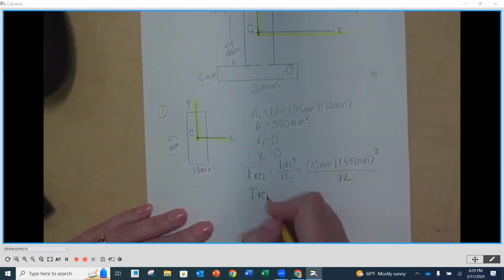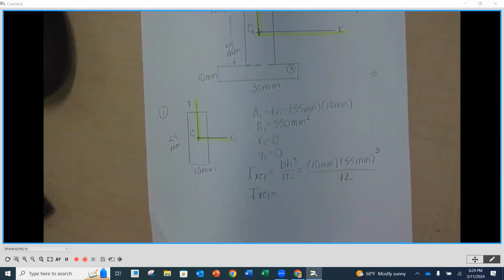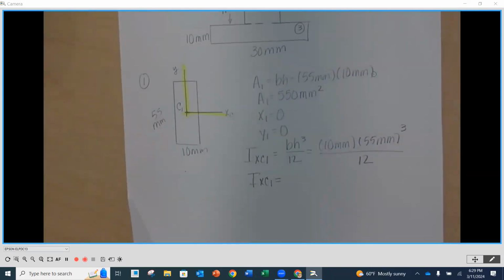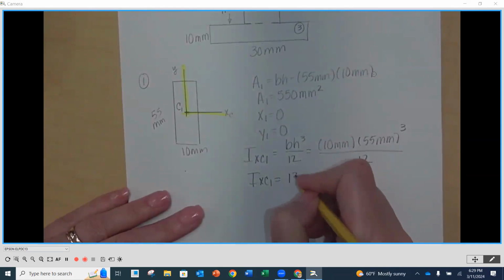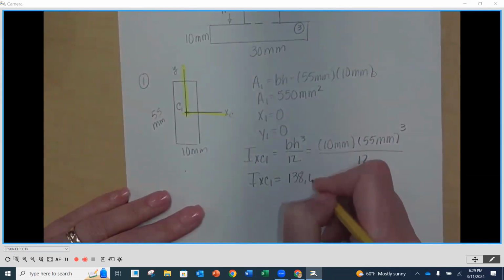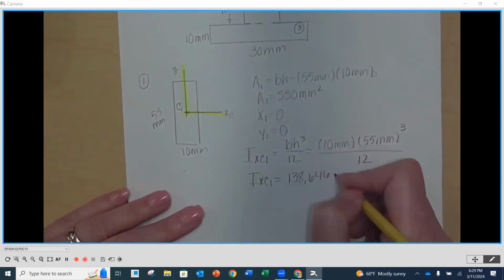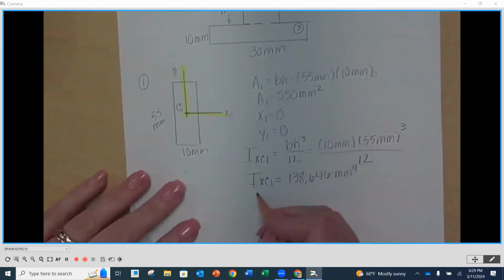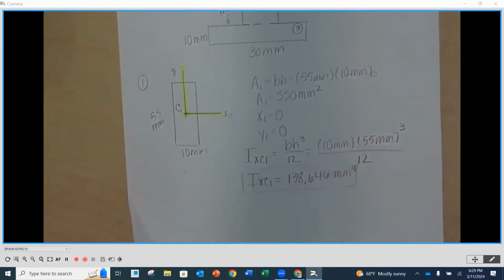My IXC1 is going to be a big number. You should get like 138,646 millimeters to the fourth.